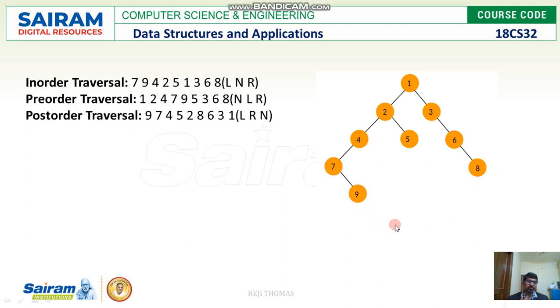Then I can come down to the right subtree where you find 8, then 6, then you visit 3. So the order is going to be 9, 7, 4, 5, 2, 8, 6, 3. Finally, you visit the root. So please make a note of the different techniques and the orders we get for them.